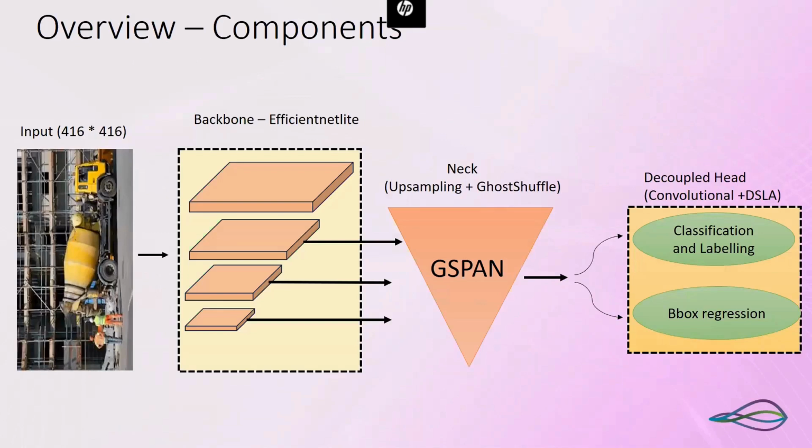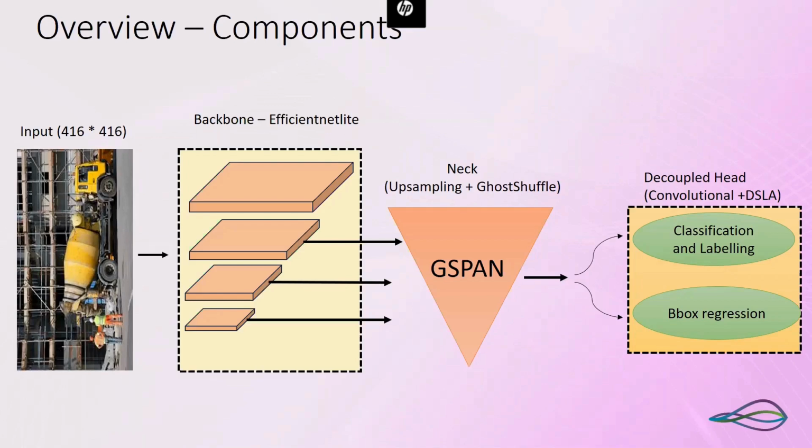Let us see the components. For training, as an input, we had a 416 by 416 image that is passed through a stack of convolution layers. This we call the backbone. The function of convolution layers is to generate feature maps. It will extract different feature maps. Then we take 3 different feature maps from different spatial resolutions, and we pass them to the neck.